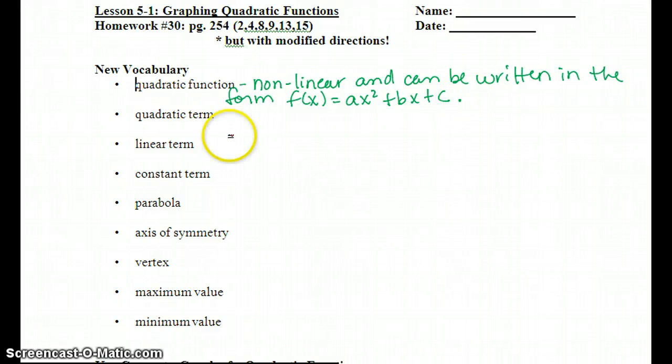This is the standard form, and the quadratic term would be the ax squared term. The linear term is the bx, and the constant term is c.